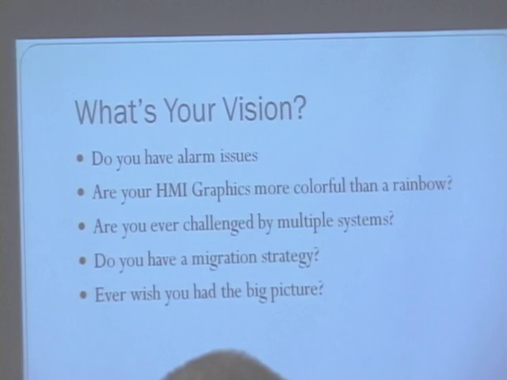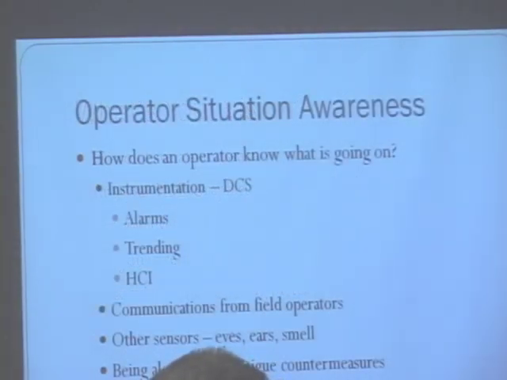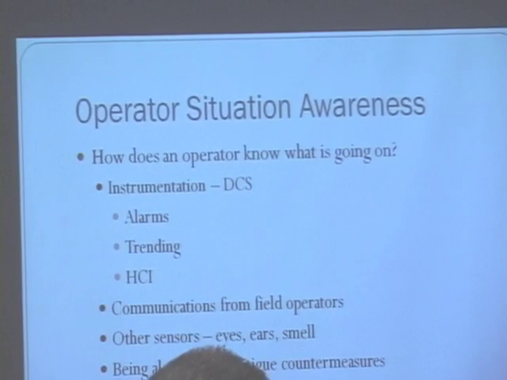And one of the big questions we often get from the operator is they say, in the old days we used to have a big picture, right? And we missed that big picture, right? And basically today the DCS is like looking through a keyhole at a vast amount of data. So we asked the question, how does an operator know what is going on?